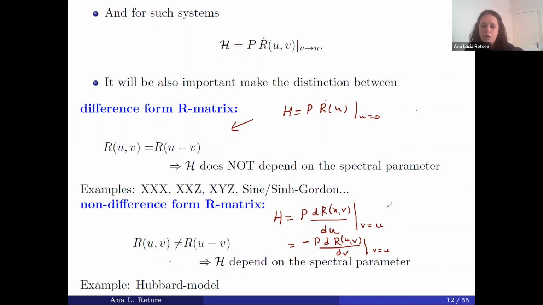And what is guaranteeing that one is minus the other? Because it's clear when you have the difference case, but it's not so clear in the general case.